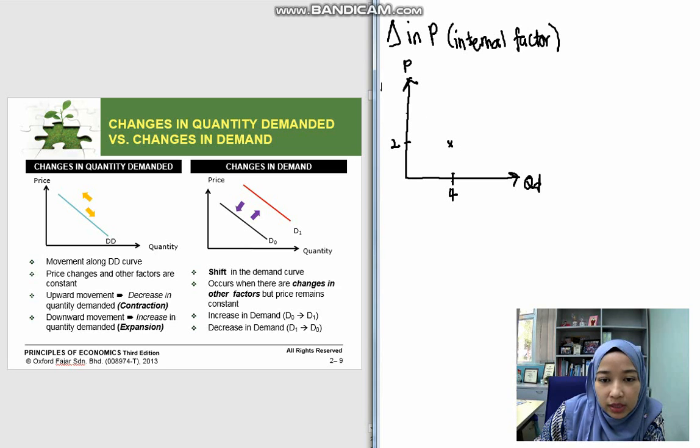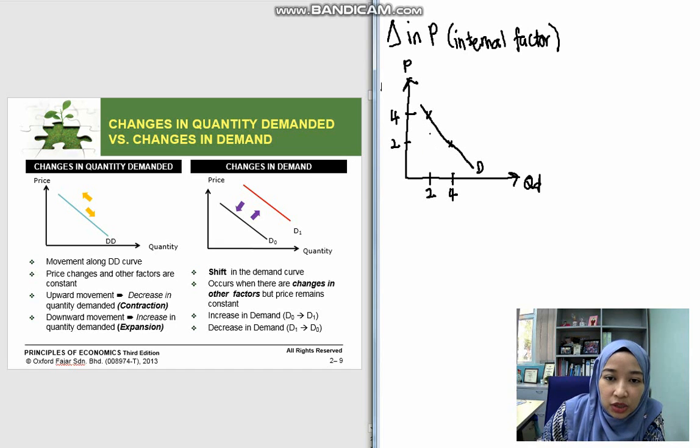And when the price is let's say 4 ringgit, okay, the quantity demanded is let's say 2. Okay, so you have 2 points here, and then you connect the points, you will have a demand curve.